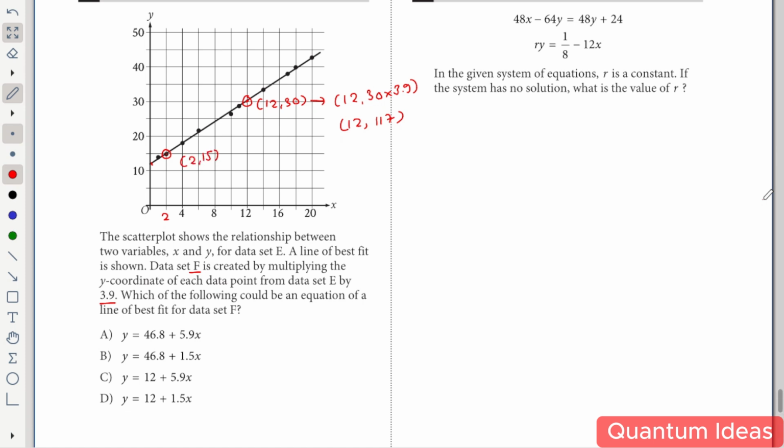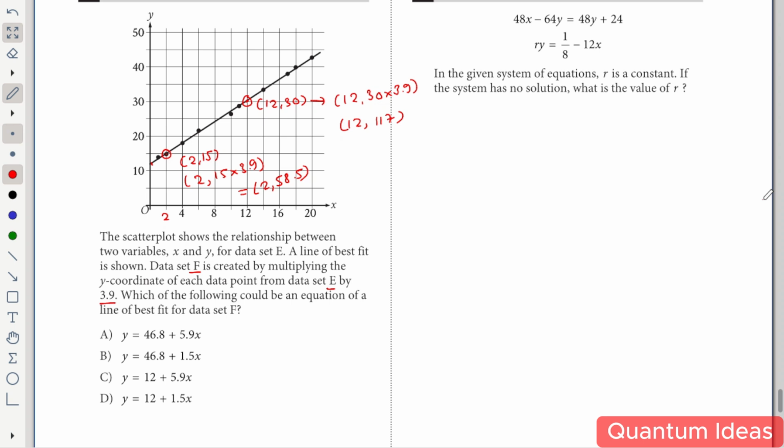To convert this to data set F, you simply multiply 15 by 3.9, which is 58.5. So this will be 2 comma 58.5. Now we have two points of data set F.